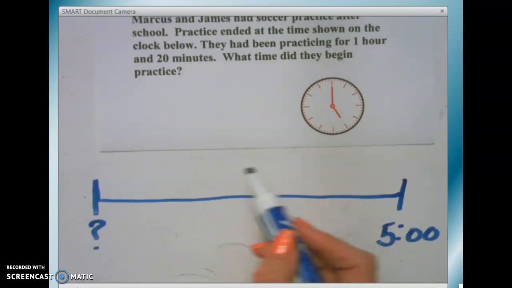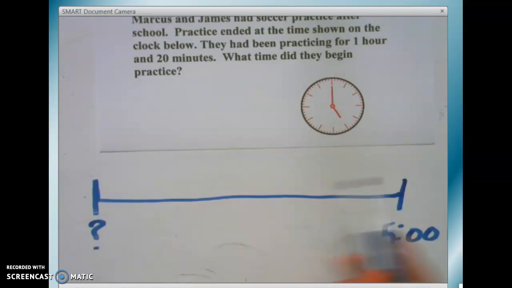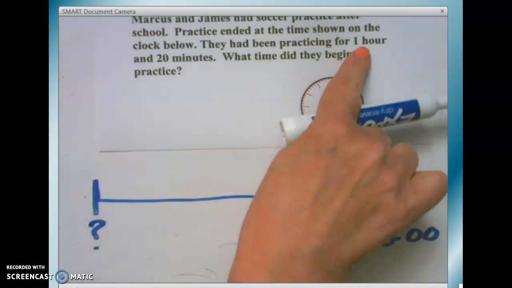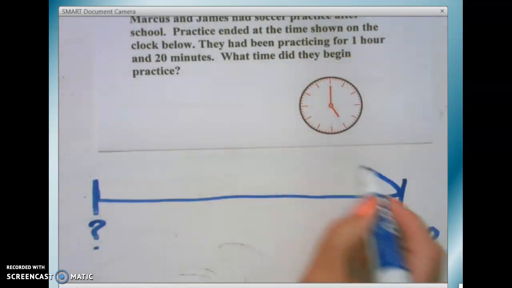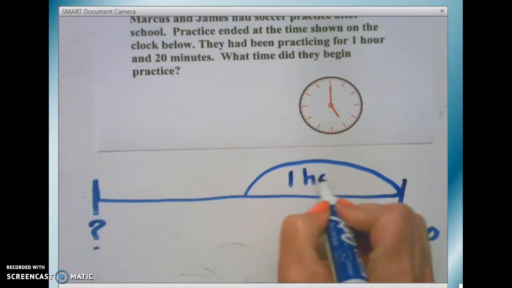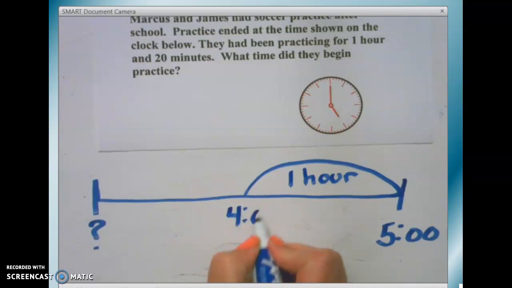I need to go this way to see what time it began. If I take 1 hour, because they'd been practicing for 1 hour, let me take 1 hour off of that. It's now 4 o'clock, so the practice was at least 4 o'clock for a start time.